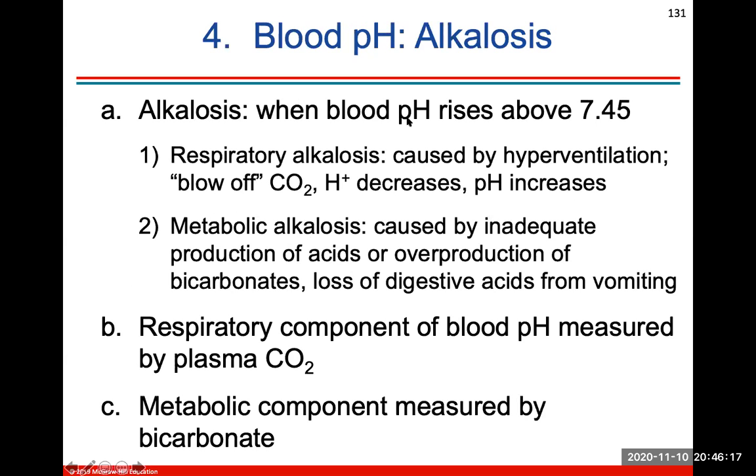Alkalosis is when the blood pH rises above 7.45. Respiratory alkalosis is caused by hyperventilation. They blow off excess CO2, so the hydrogen ions decrease, raising the pH of the blood. Metabolic alkalosis is caused by inadequate production of acids or overproduction of bicarbonate, caused by the loss of digestive acids from vomiting.